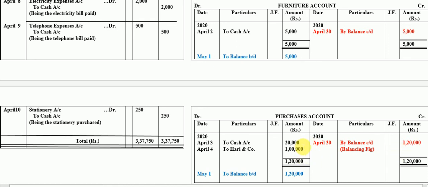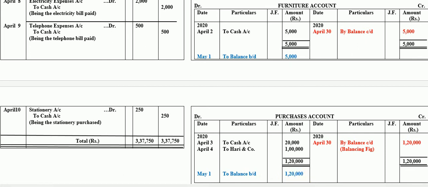If we sum the debit side, it is 1,20,000, and there is no transaction related to the credit side, that's why we'll write 1,20,000 on both sides for the balances, and we'll write by balance carried down 1,20,000, that is the balancing figure, and this balancing figure will be transferred to the next month, that is on May 1st, to balance brought down 1,20,000.